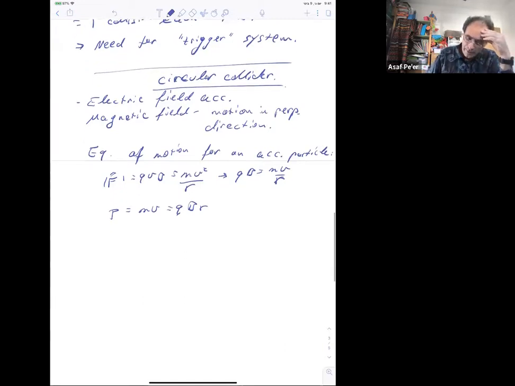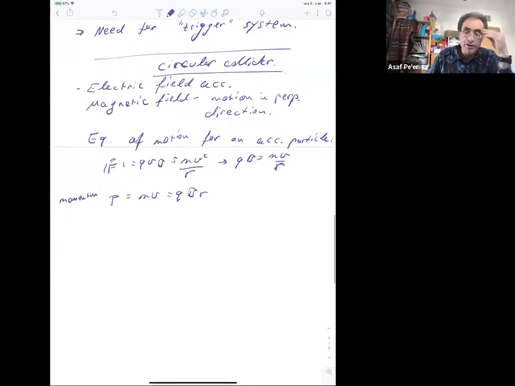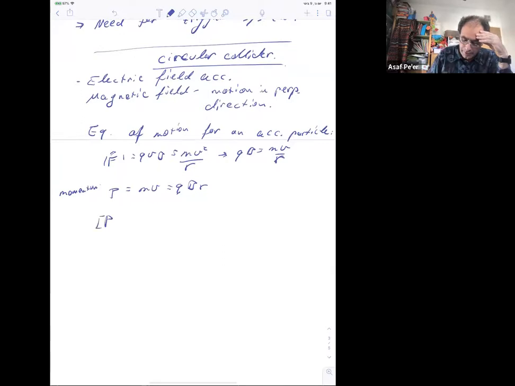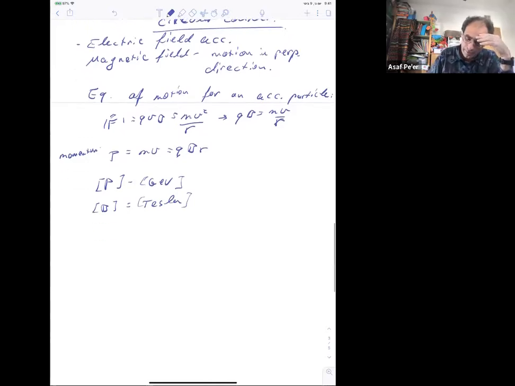So if we take the momentum P in units of GeV and B in Tesla, then we get the required radius, R is P over 0.3B, which is kind of handy.